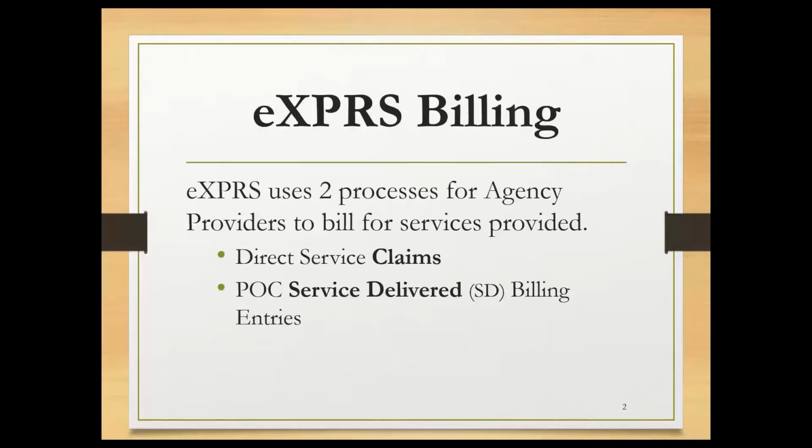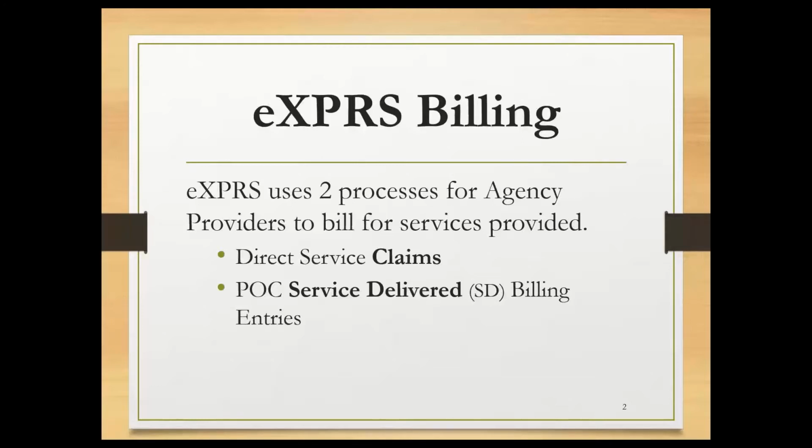There is the process for direct service claims, where you actually create the claim itself, and those are usually for the CPA authorized services such as residential care. And then there's the plan of care service delivered billing entries, which is the other process. We'll talk about both of these in detail.